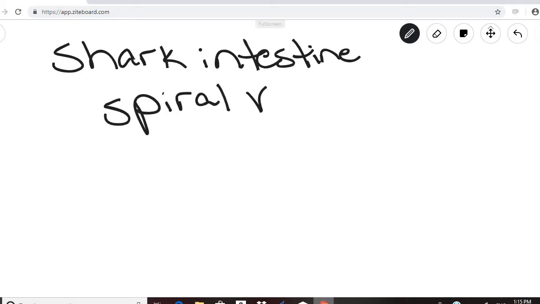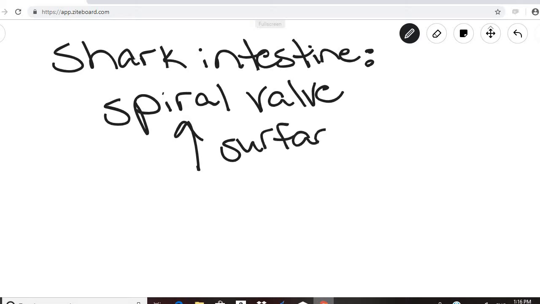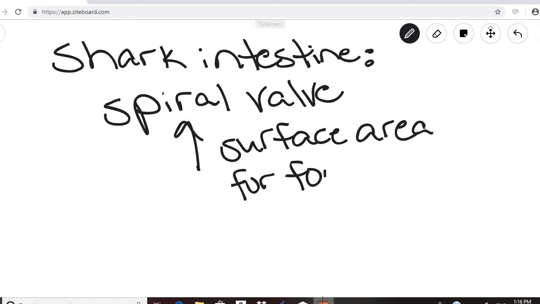So they have a spiral valve in their intestine, and the benefit of that is that it increases surface area, so that they have a larger area to absorb the food that they have consumed. So larger surface area for food absorption.